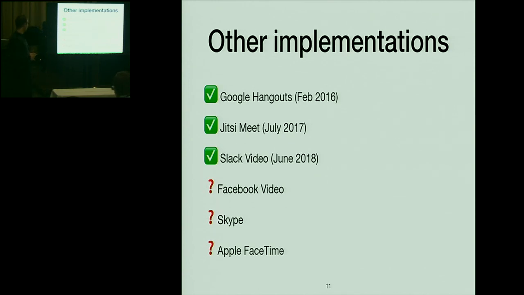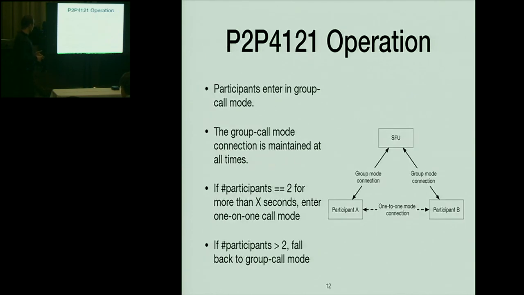We don't know whether Facebook is doing something like that, or Skype and Apple FaceTime now with their group calling functionality. But given that the impact and the infrastructure pressure reduction is so significant, we believe that at some point they will have to, if they don't already, take into account this dynamic switching and implement some version of it.